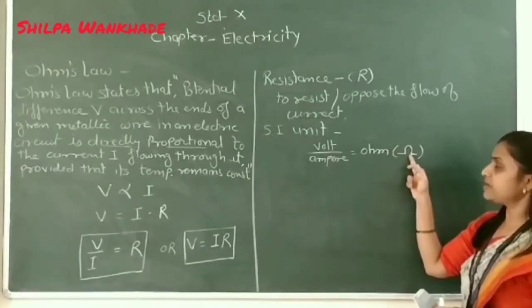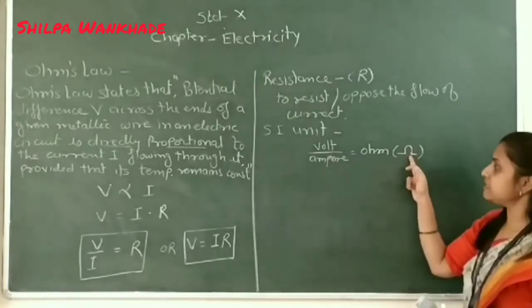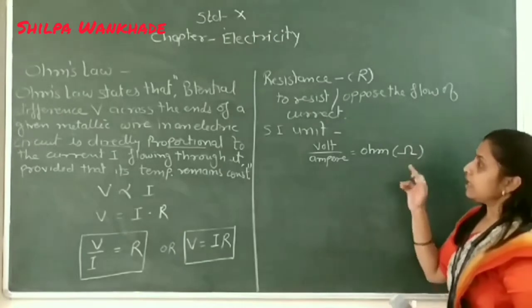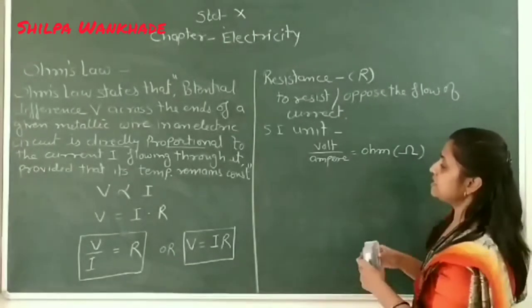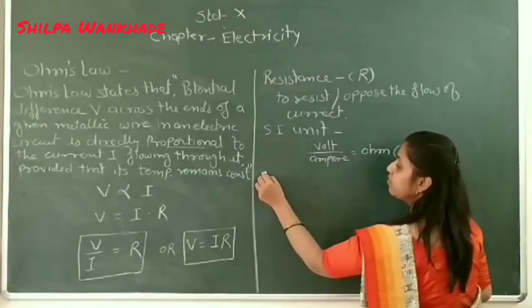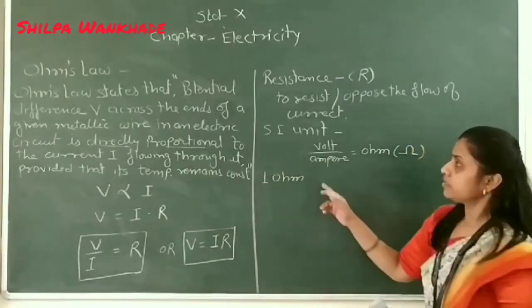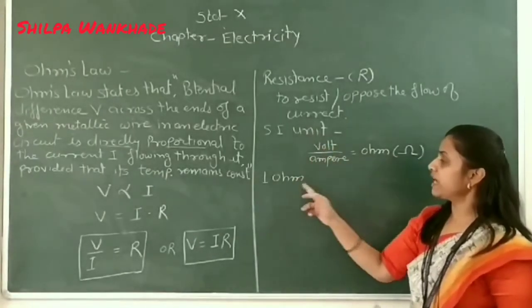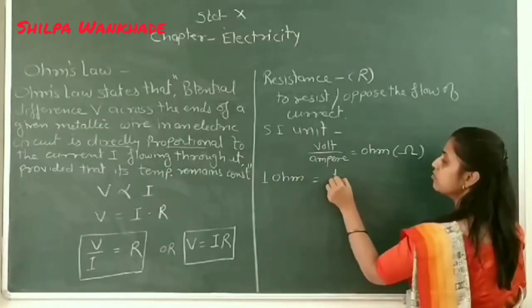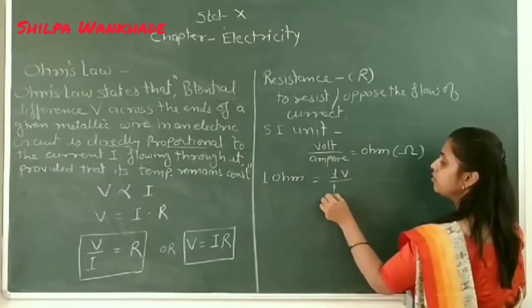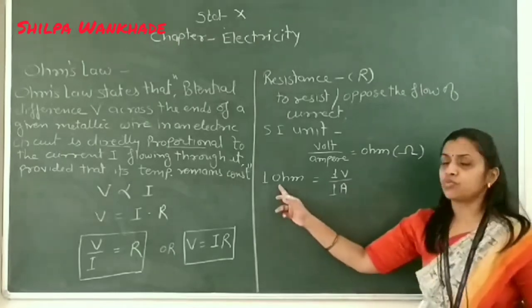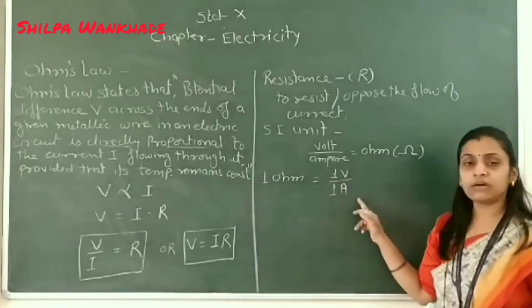Now, from this SI unit we can also define one ohm. So 1 ohm is equal to 1 volt upon 1 ampere.